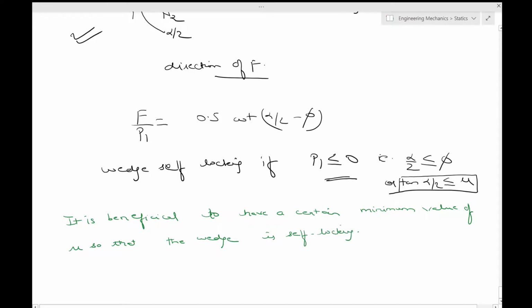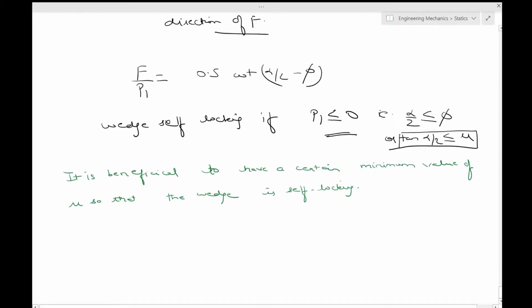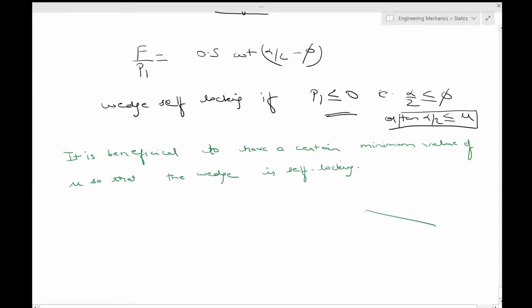Let me just draw a diagram. So you have, say, this is N, this is F, and this is the resultant R. This angle is again alpha by 2, and then you have an R again on this side.